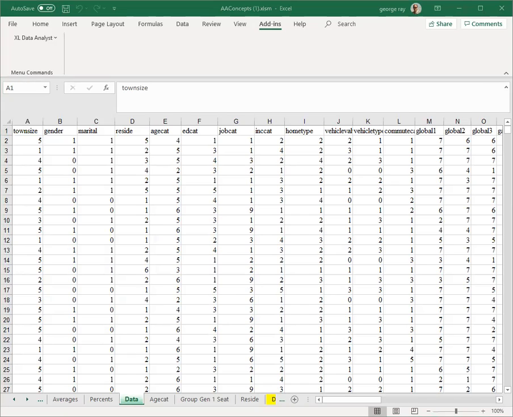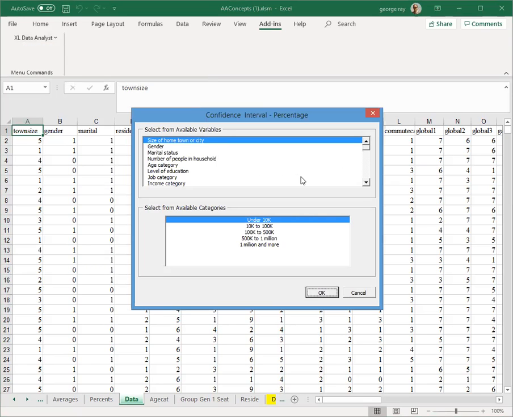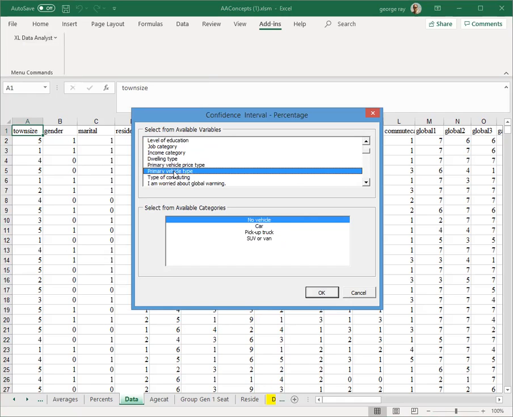And to do a percentage confidence interval, what we'll do is go up to Excel Data Analyst, go to Generalize, Confidence Interval, then Percentage. And in this particular case, we're going to look at primary vehicle type right here.